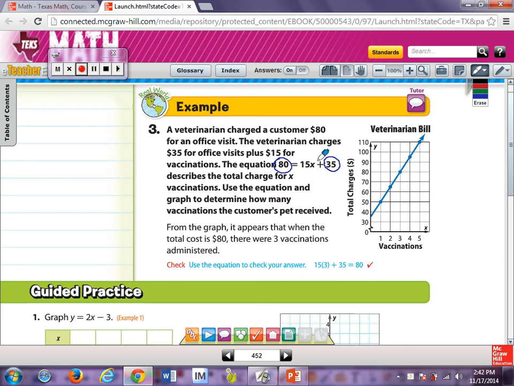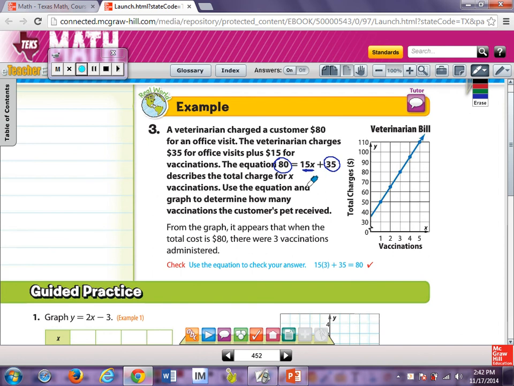If you see the vet, just like a doctor, they're going to charge you something. And then where the charges add up is right here. $15 for every set of shots you got to give your dog, cat, or whatever your pet is. So the question they want to ask us now is, if we spend $80 and we know how much the doctor charged just for showing up, then how many of these vaccinations did our pet get?